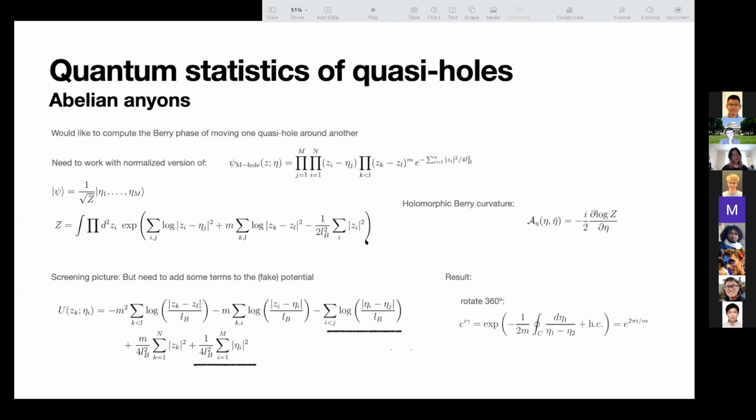But that's not the whole Coulomb interaction. If we're considering a system with those charge defects, we are missing two terms. One term is the Coulomb interaction between the defects themselves. The other one is the Coulomb interaction between defects and the charged background.